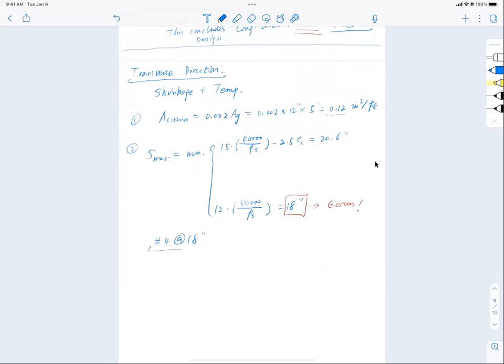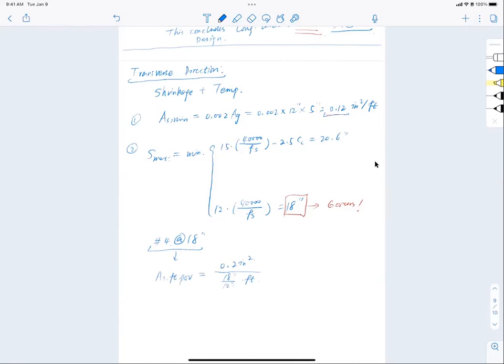But I also need to satisfy the requirement of 0.12 inch squared per foot. So how do I do that? I convert this to the provided. So As per foot provided equals 0.2 inch squared per 18 inches. That is per what foot? 1 point, so 18 divided by 12 feet.